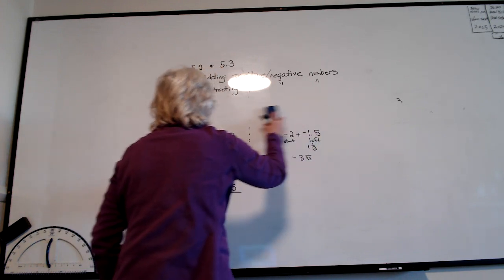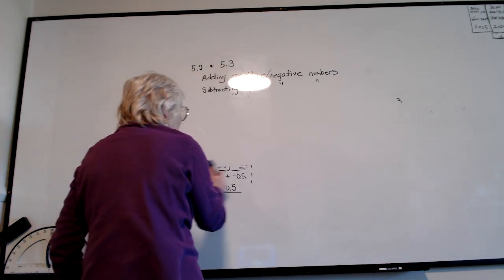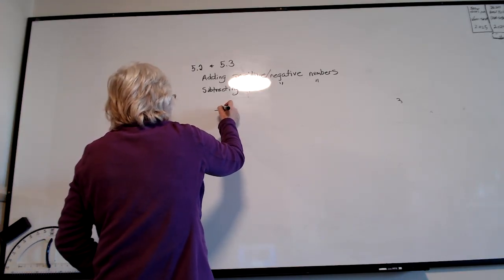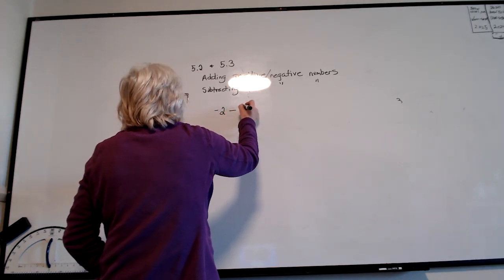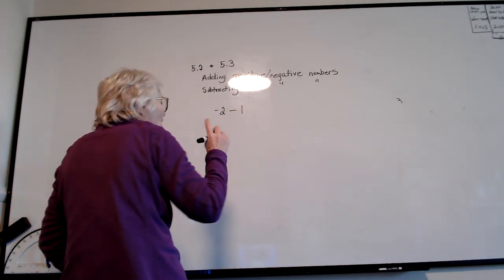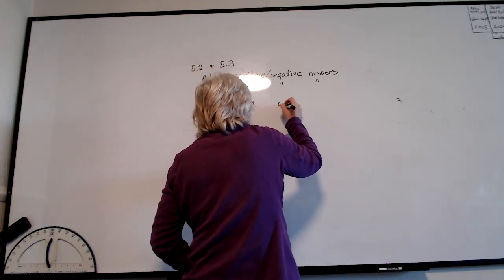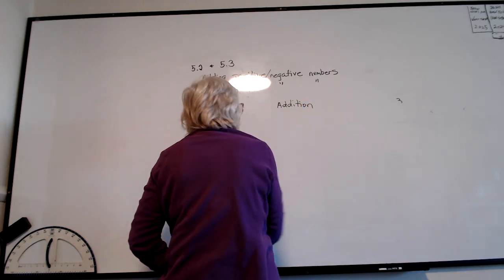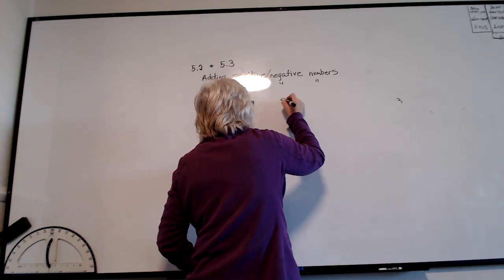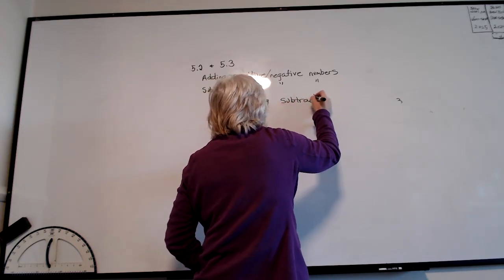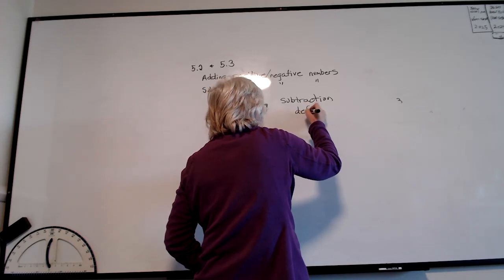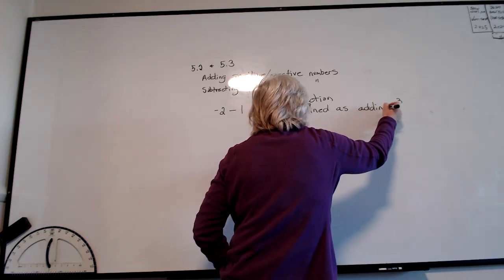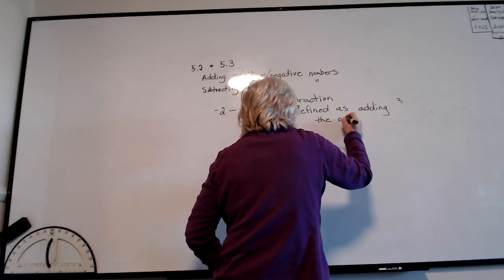Subtracting is just a little bit different, okay? Subtracting makes one change. So let's take this -2 and we're going to subtract 1, okay? Now, if you look at subtraction, I am so sorry, subtraction is defined as adding the opposite.